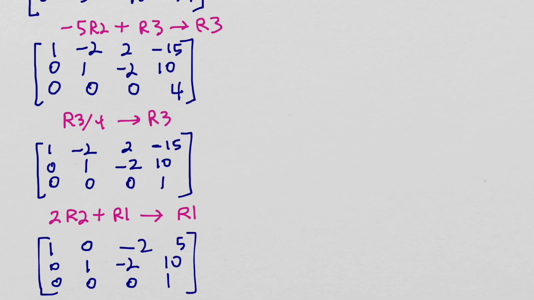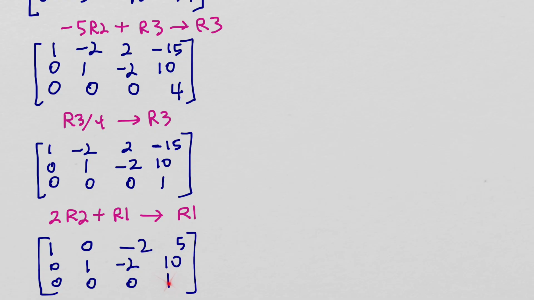So here's my leading one in row 1, and I have 0, 0, so that column is good. Here's my leading one in row 2, so I have 0, 0, so that's good. Now all the way over to here, here's my leading one in row 3, so I need a 0 here and a 0 here. So the next thing we'll do is zero out the 10.